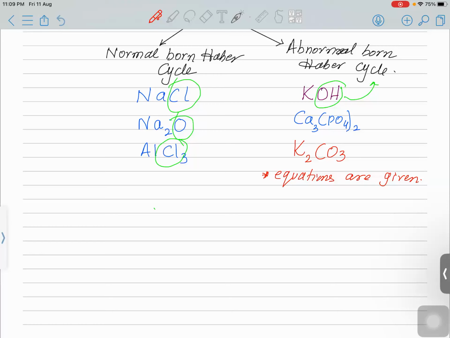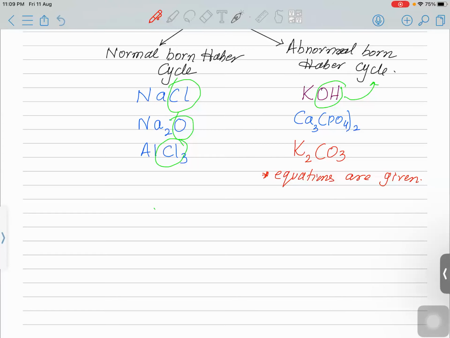Fahim, how can you identify whether the given question belongs to the normal or abnormal Born-Haber cycle? Through the elements present in the anion. Yes, by the number of elements, right?